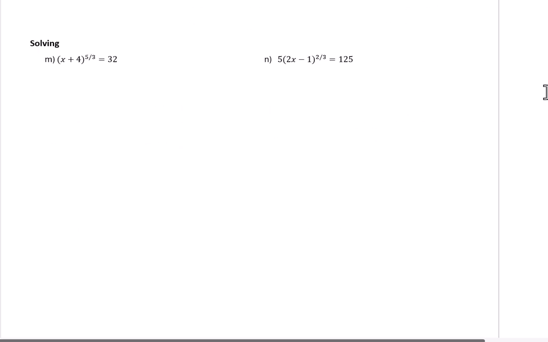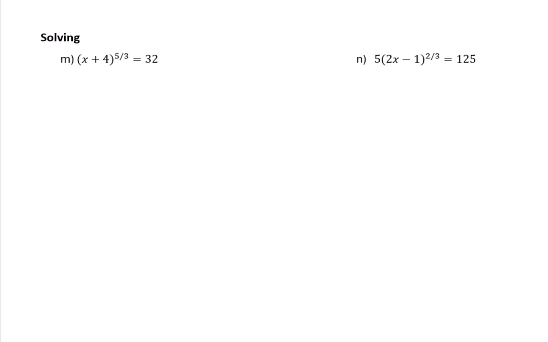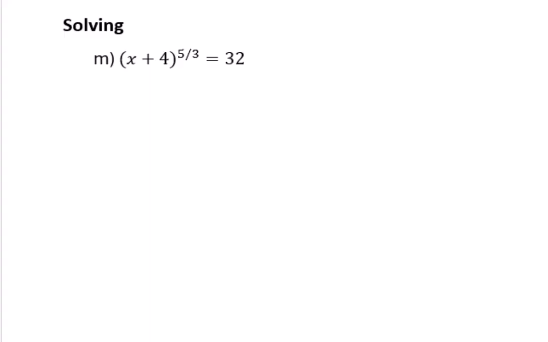Now, if we are solving equations that have those fractional exponents, there's a couple of different ways we could do them. I'm going to show you both methods using these two examples here. If you want to just get rid of that fraction, let's say x plus 4 to the 5/3 equals 32, I'm going to write it a little bit bigger so you can see. We would love to have an exponent of 1.